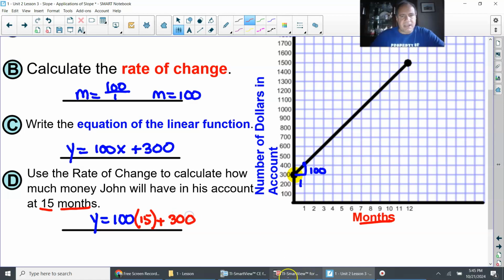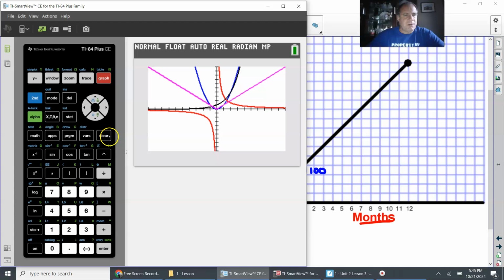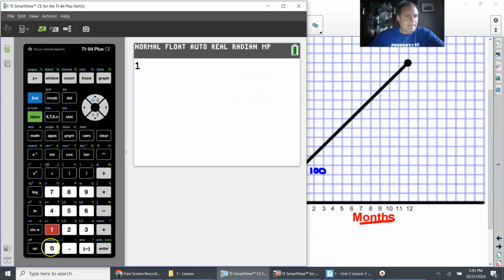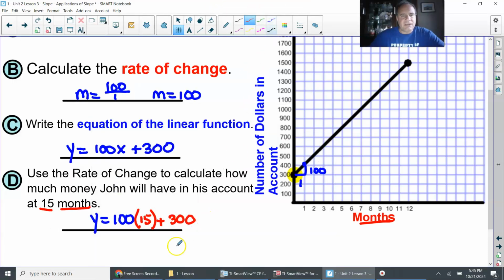I'm going to go to the calculator and do 100 times 15 plus 300. And that's exactly what I have on the page. It's $1,800. So y equals $1,800. That's how much he will have in 15 months.